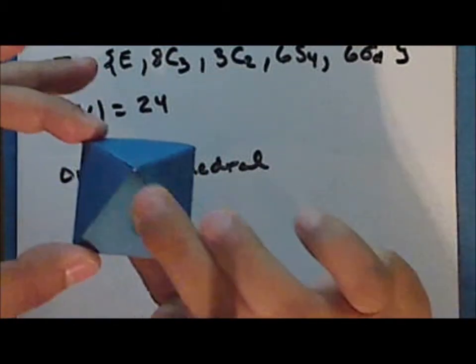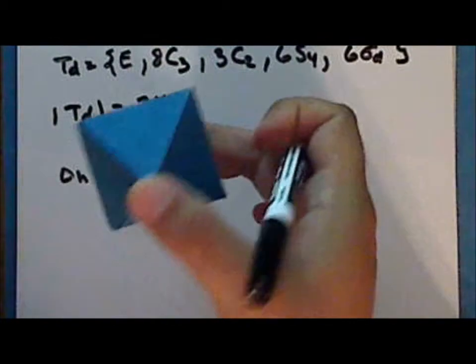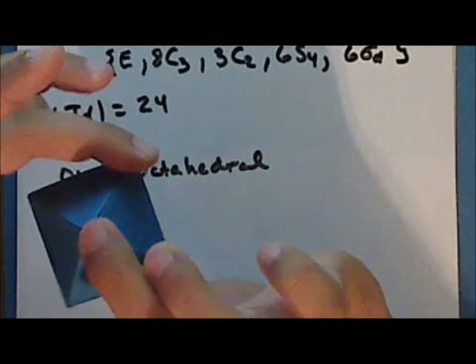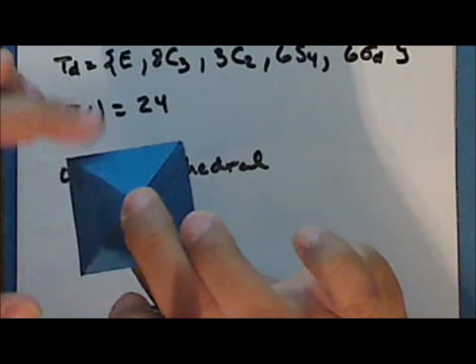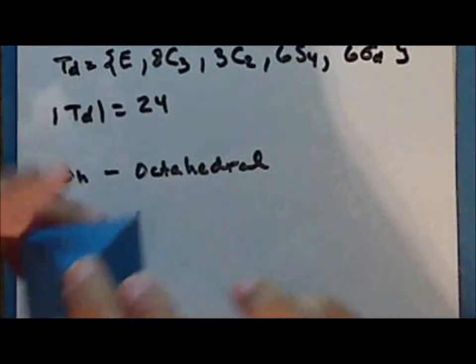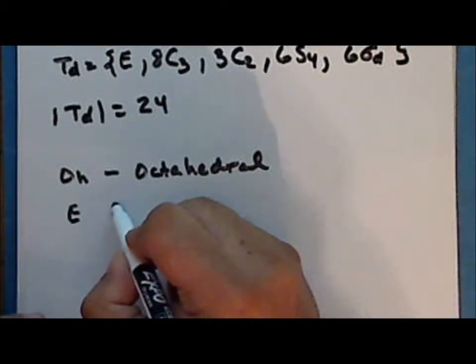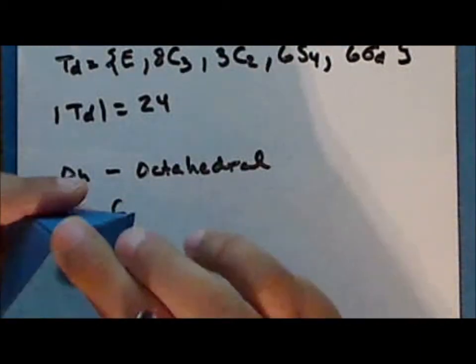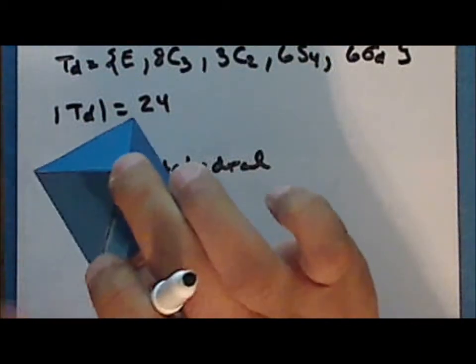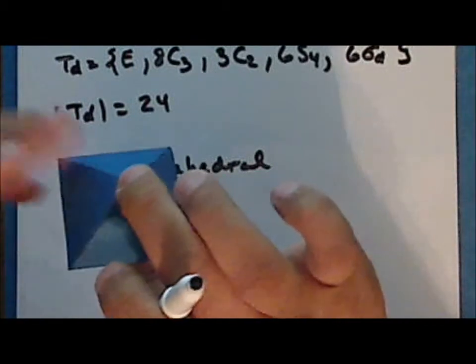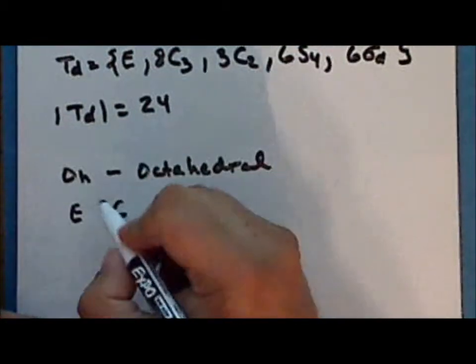Now, an axis that passes through opposite vertices is a C4 axis. So we have identity and a total of 3 C4 axes.